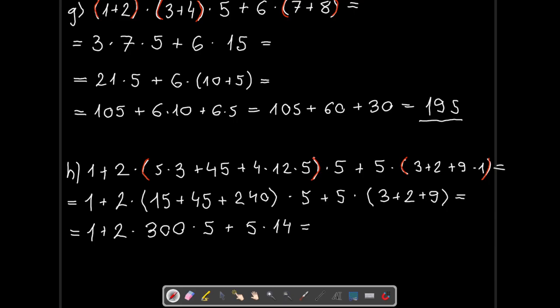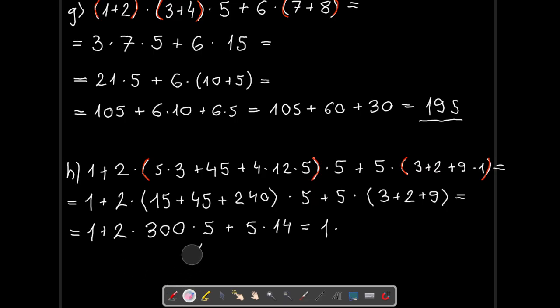And the only thing left is multiplication and addition. So once again, let's do the multiplication first. We have 2 times 300 times 5. We know that 2 times 5 is 10. So we will be left with 300 times 10 after multiplying 5 and 2.